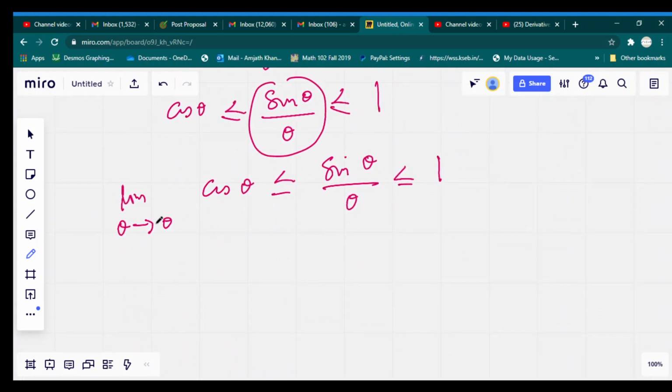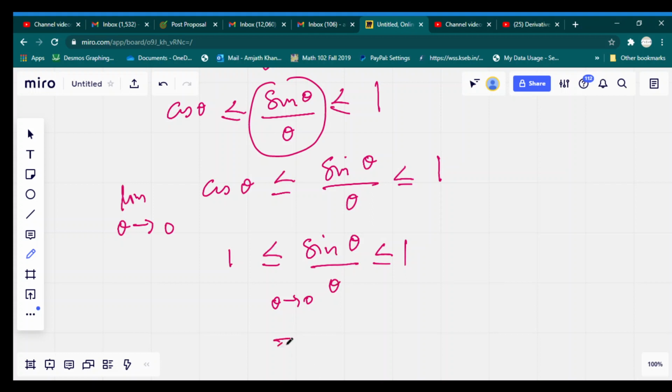As theta approaches 0, cosine theta approaches 1, which is less than or equal to the unknown limit of sine theta over theta, which is less than or equal to 1. So we squeeze sine theta over theta between 1 and 1.